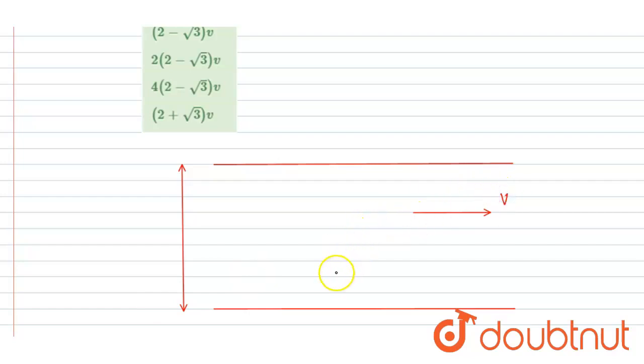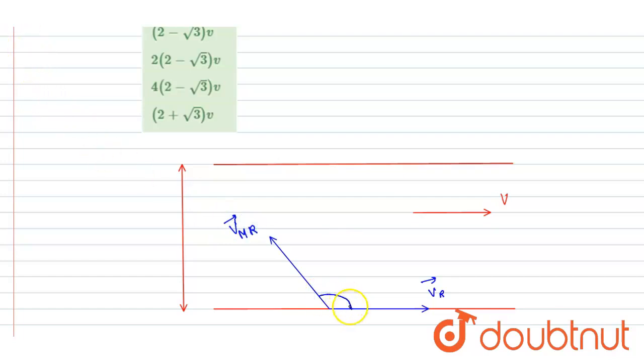And the man starts to move in a direction making an angle of 120 degree with the river flow. So if I draw a diagram, the man is keeping his velocity in this direction and river velocity is in this direction, and yes, it is vr vector that is having a magnitude of v, and this is velocity of the man with respect to the river, right?